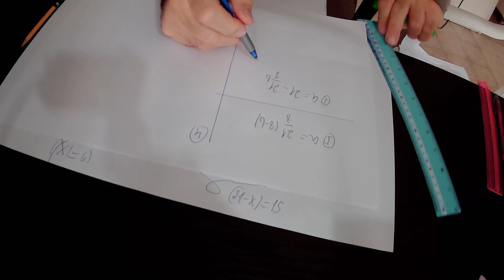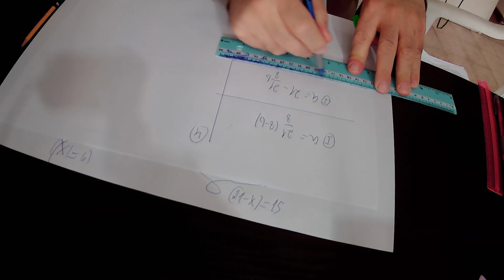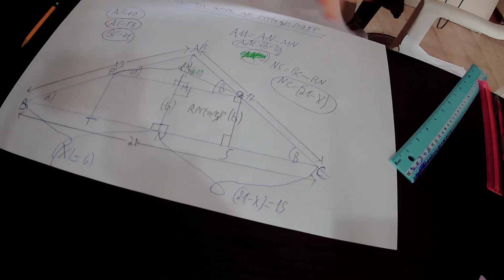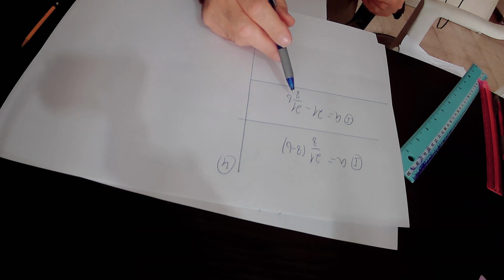So in conclusion, according to equation 1, the length a of rectangle PQST equals 21 minus 21 over 8 times b.